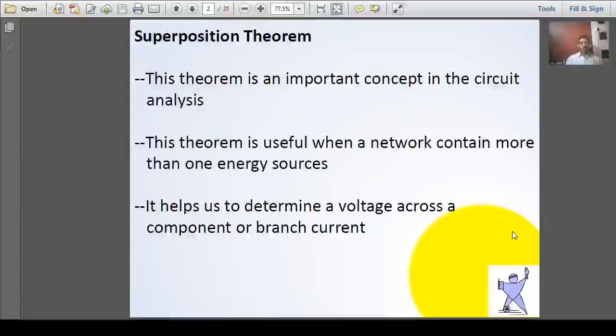So I must say superposition theorem is a very important concept in network analysis. This theorem is particularly used when a given network have more than one energy sources. With the help of superposition theorem, we can calculate a voltage across a component or a current flowing through any branch or element.